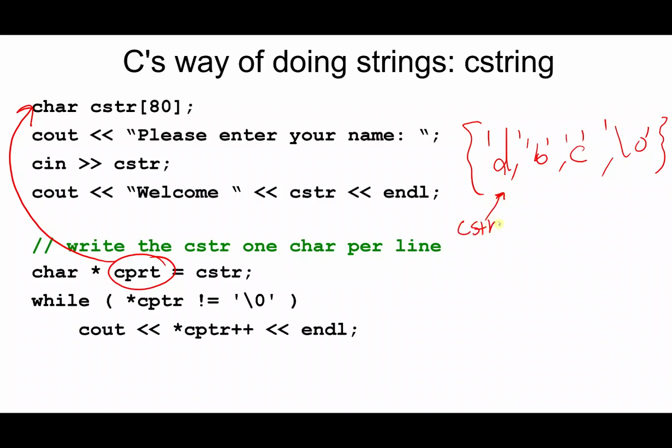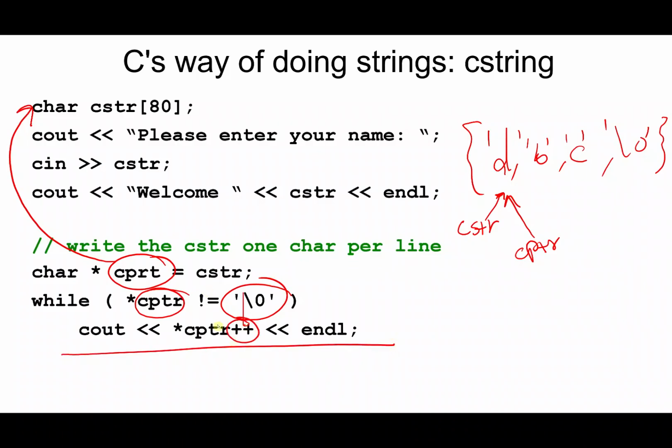CSTR is pointing at this. Now CPTR is a pointer that points at the same location CSTR is pointing at. Now I can do asterisk CPTR not equal the null terminator, print that and advance the pointer. So that prints A. This is A, not D.